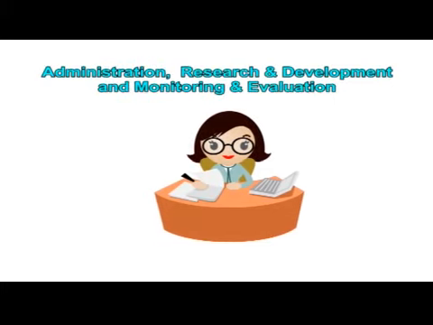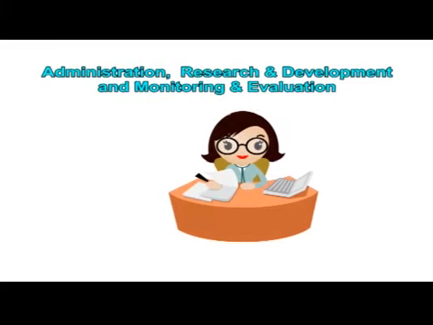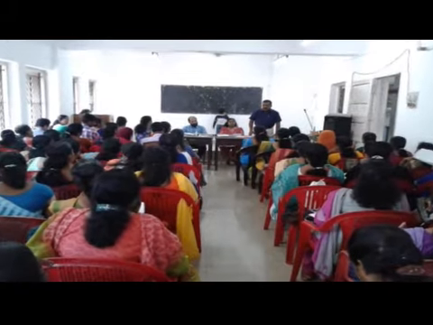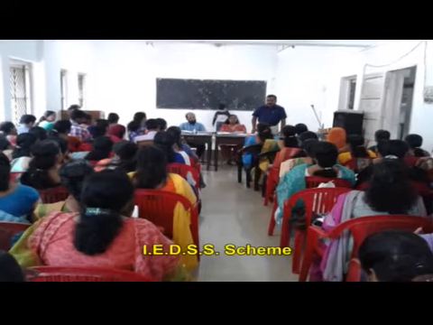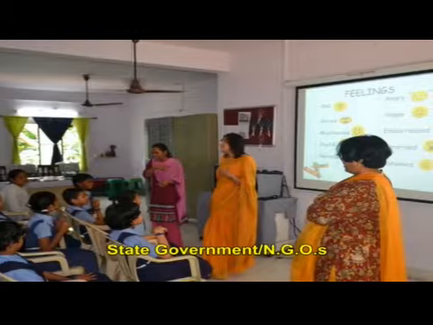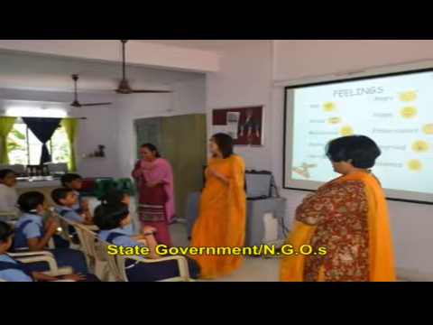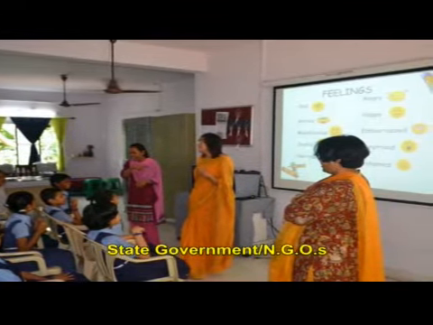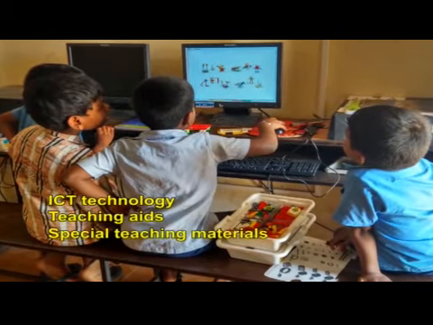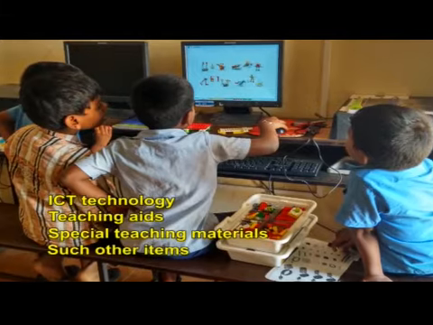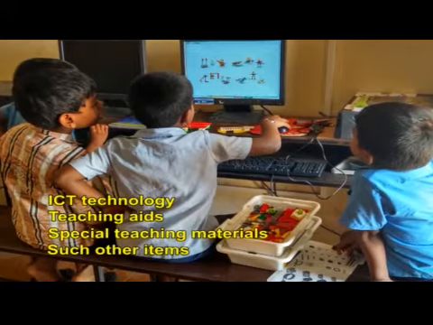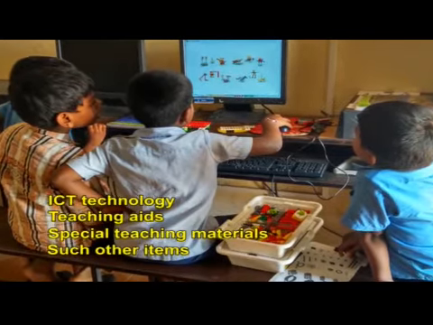Administration, research and development and monitoring and evaluation. These will form an integral part of the IEDSS scheme. The state government or the NGOs will have to formulate proposals for designing and developing new assistive devices, ICT technology, teaching aids, special teaching materials or such other items as necessary to give a child with disability equal opportunity in education.